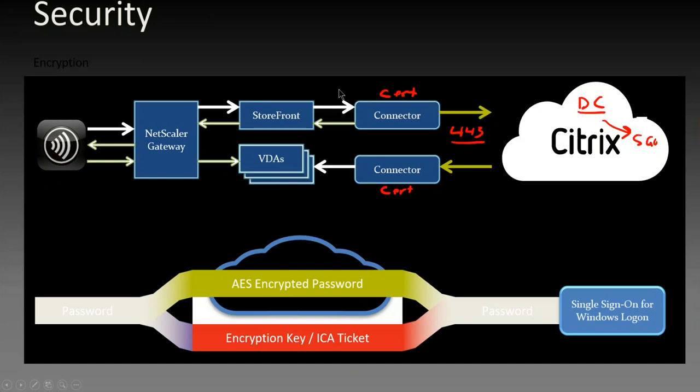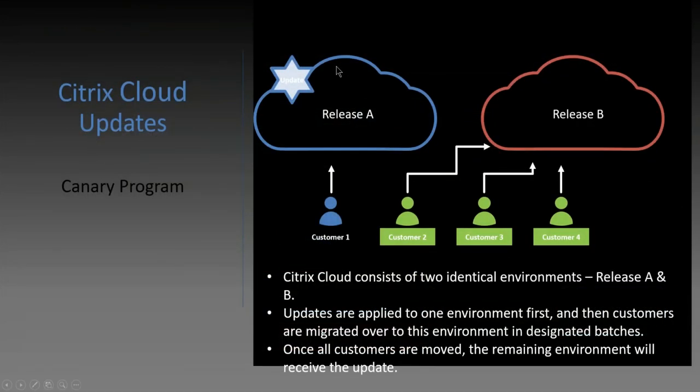One of the nice things are the updates. So when you're looking at your environment, we've got updates on the system. With this, Citrix has developed what they call, there are two terms you'll see. You're going to see a term called Evergreen and Canary Program.